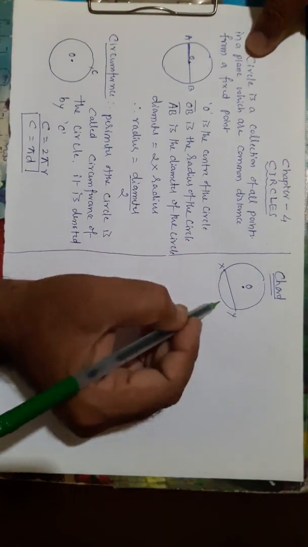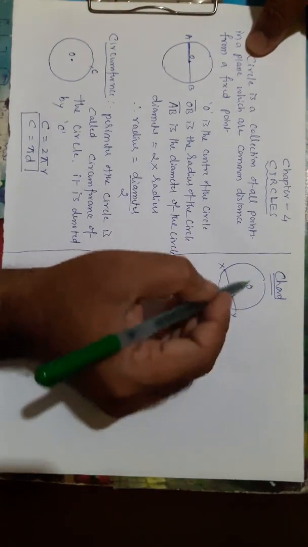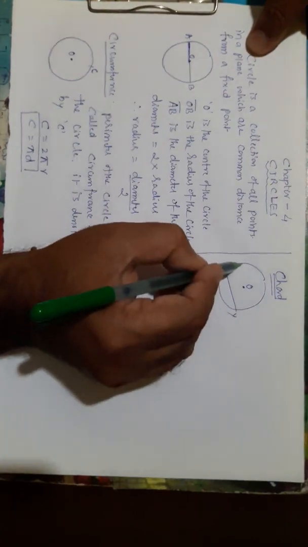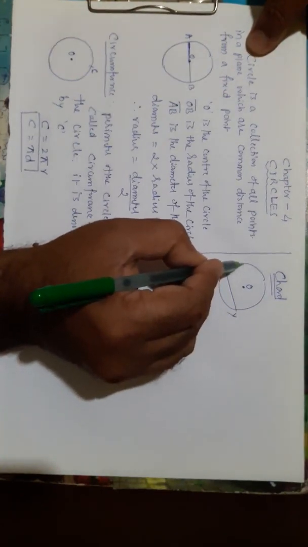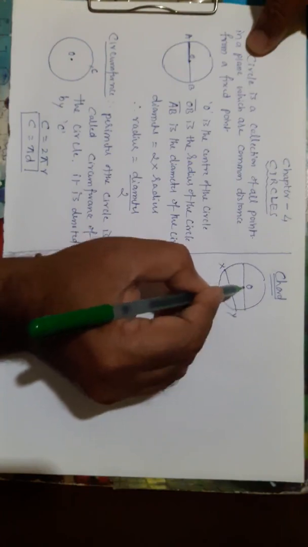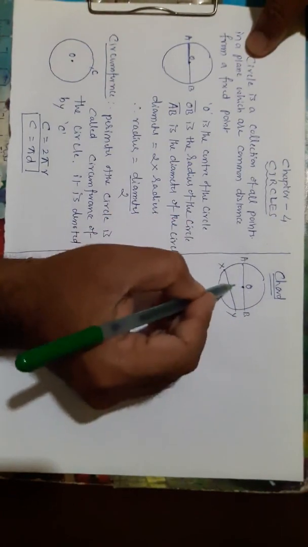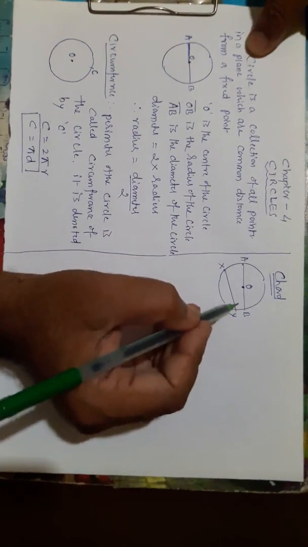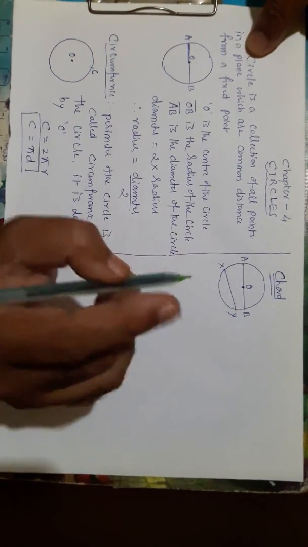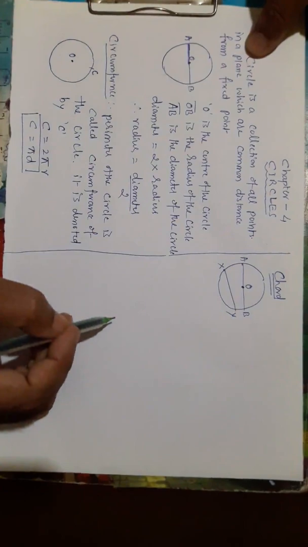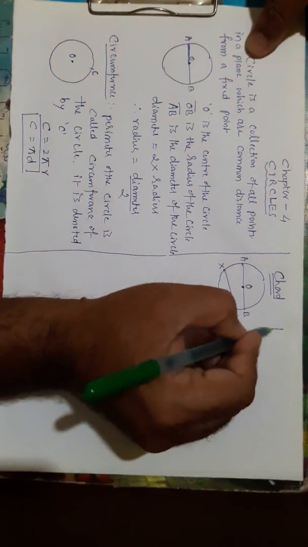XY is a chord of the circle. And one more chord I am drawing here. No doubt it is a diameter, but a diameter is also a chord of the circle, and it is the biggest chord of the circle.